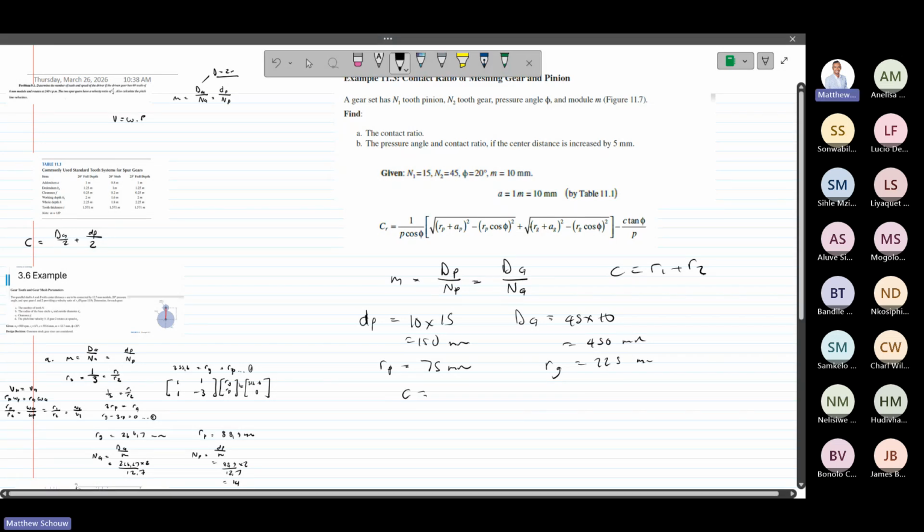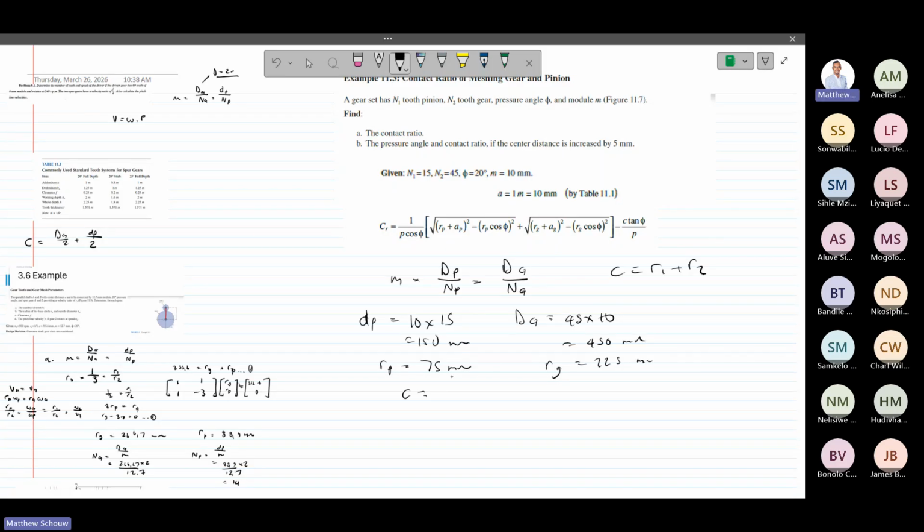The objective here is finding the contact ratio. That's what we're doing over here. Where's my calculator now? What is my center distance there? You guys can find it for me.